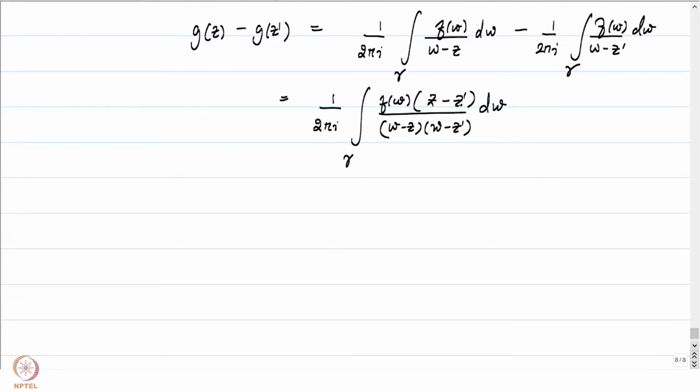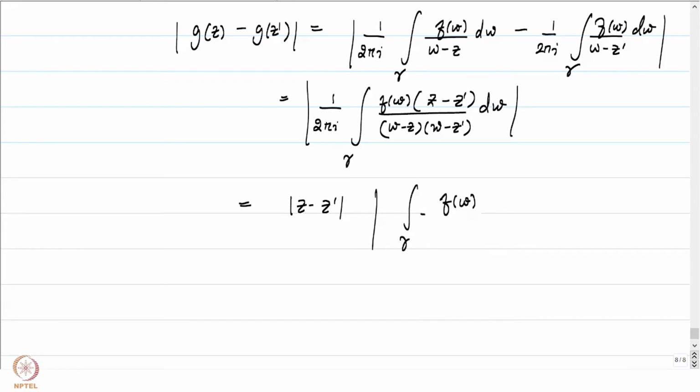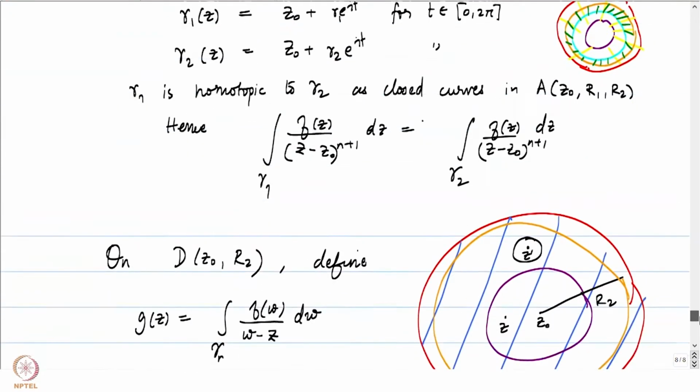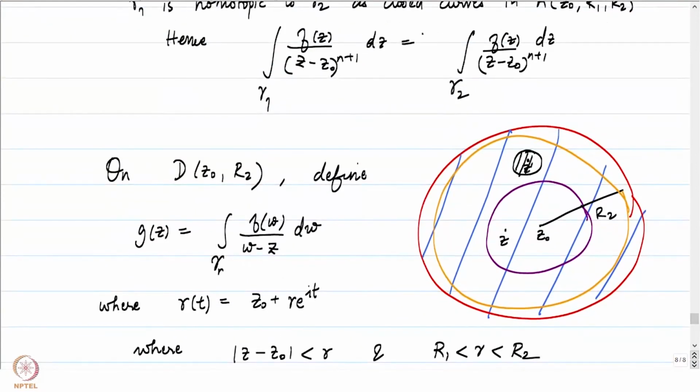Now notice that the z minus z prime can be taken out. So the absolute value here is going to be the absolute value of z minus z prime times the absolute value of the integral over gamma of f of w by w minus z times w minus z prime dw. Now that is the precise reason why we picked a disk of this type.